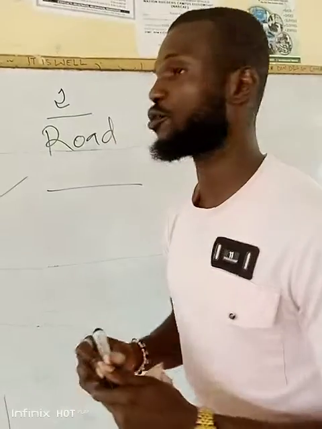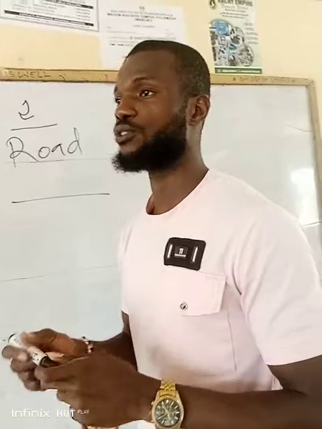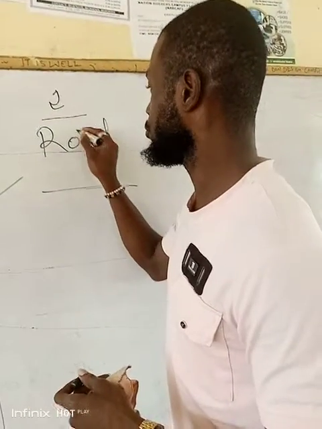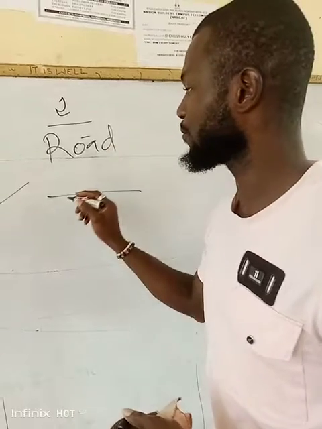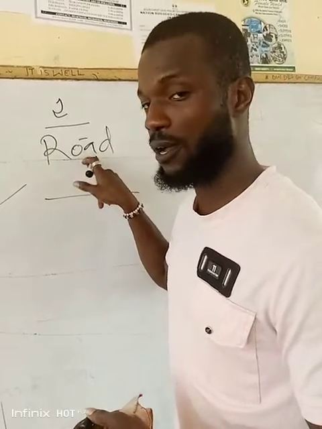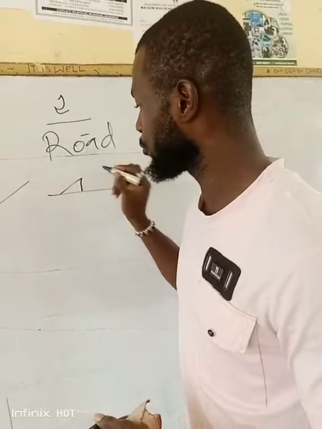And now the vowel sound is O, which is what? The second place vowel, which is being identified as your dash. Now, your Re will be on the line because of the O sound, and your D will rest also on the line.